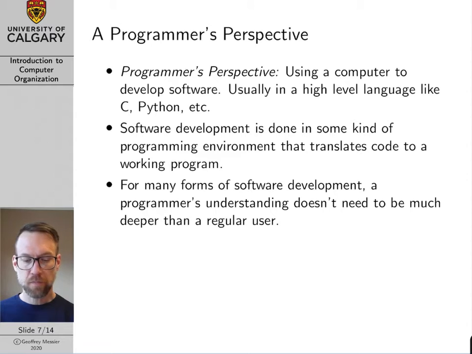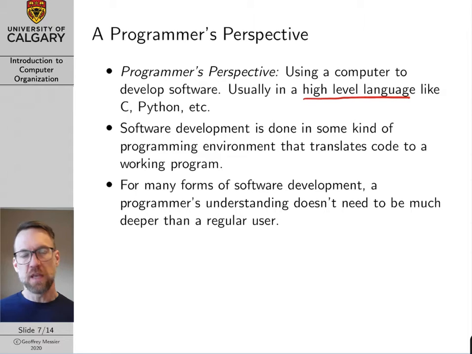And the programmer's perspective is essentially using a computer to develop software. And this is typically in what we are going to refer to as a high-level language. Some common high-level languages are C, Python, which a lot of people are familiar with, JavaScript, Java.